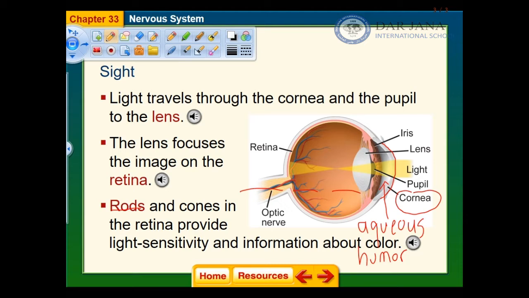The aqueous humor is the fluid that ensures the cornea has its concave shape, because the shape of the cornea is very important in concentrating the light at a specific point inside the eye, exactly at the retina, which helps also the lens.